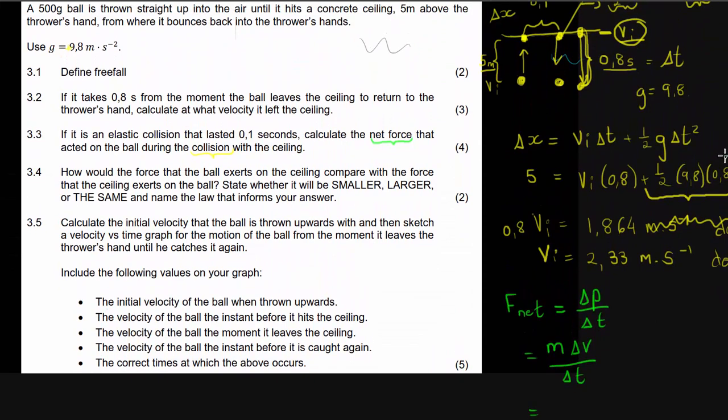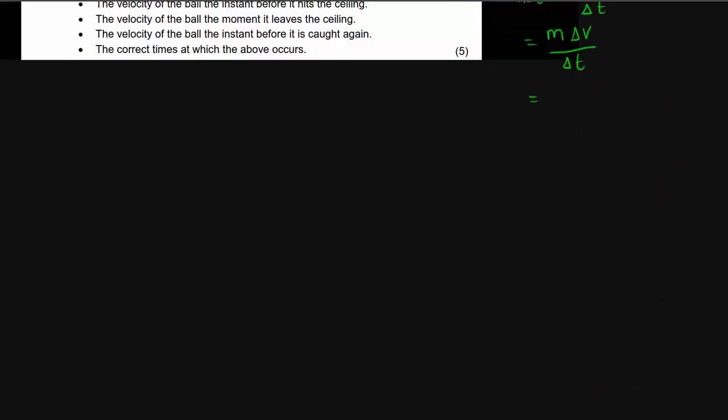Is that true? No, the velocity did change. The velocity was initially upwards and now it is downwards. Now the magnitude didn't change, the upward magnitude and the downward magnitude didn't change, but the direction changed. So that's important. So future velocity minus initial velocity.